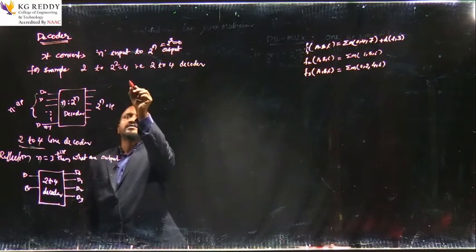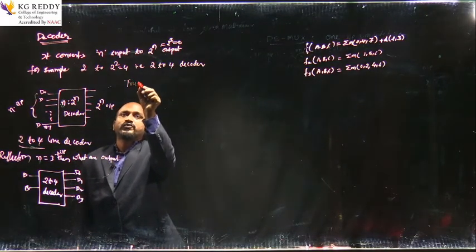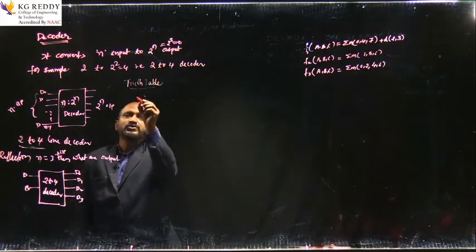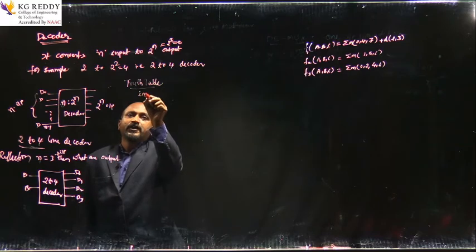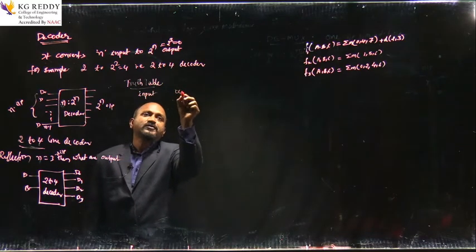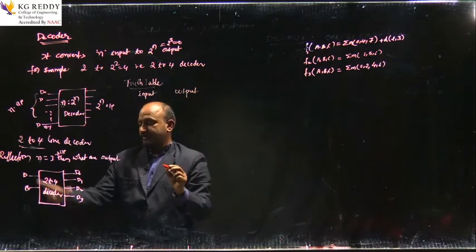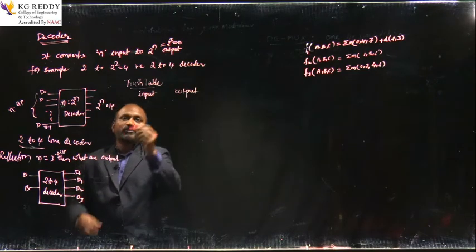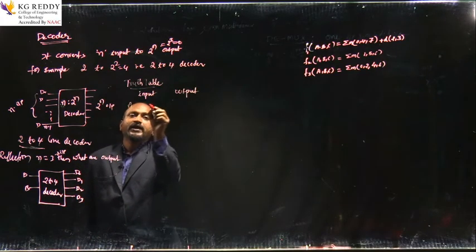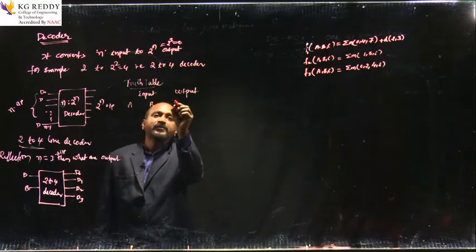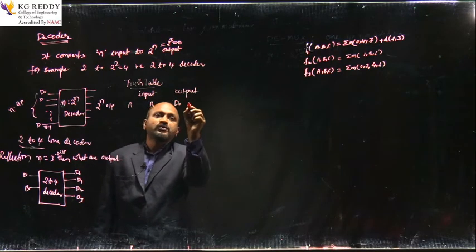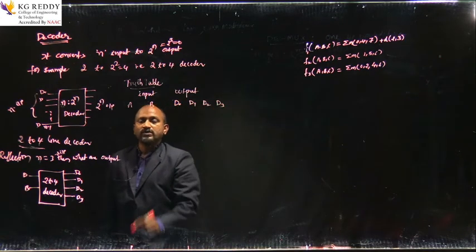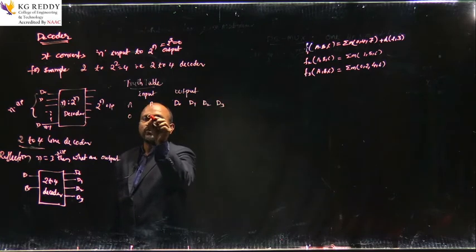Coming to the truth table for the operation, A and B are the inputs and D0 to D3 are the outputs.